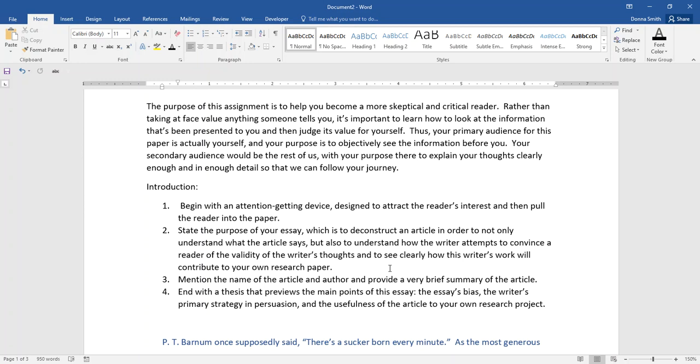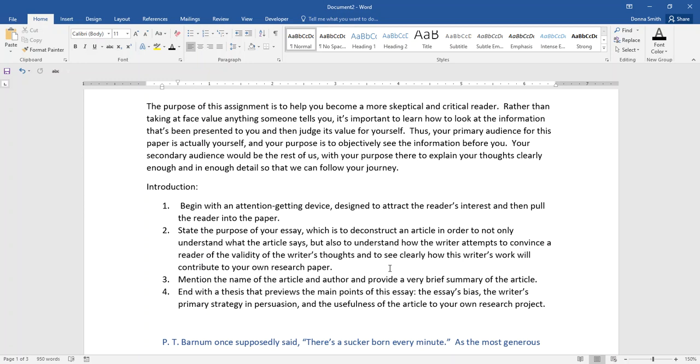And your secondary purpose is to figure out how you can use what this writer has said in order to make your own case in the research paper. The third thing you have to do, of course, is to mention the name of the article, the name of the author, and then provide a very, very brief summary of the article.